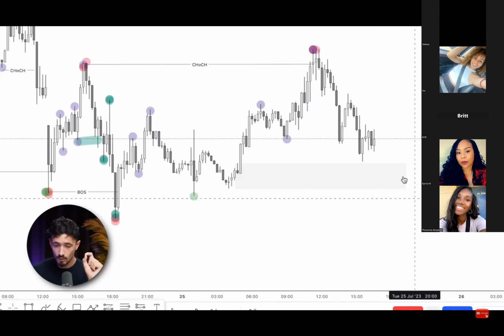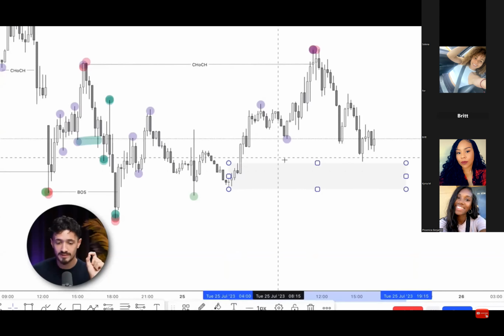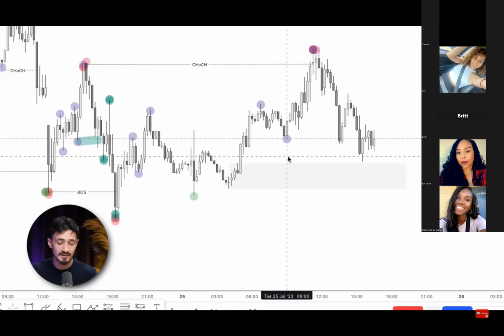But we have our point of interest. A point of interest is simply an area of demand, an area that we can use, by the blueprint that we laid out, our formula, to identify where there are orders sitting in the market, so that when price gets to that area, it triggers those buy orders and moves price to the upside, all while we are positioned inside of that move.